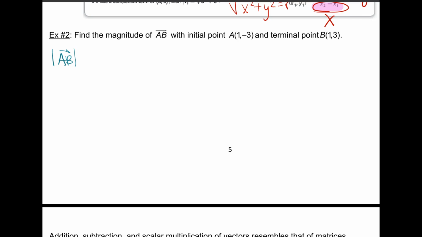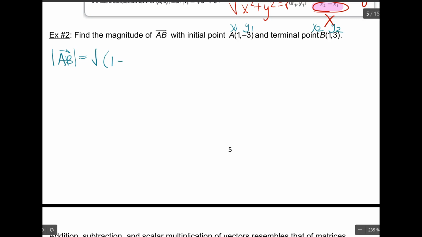Alright, the absolute value, aka the magnitude of the vector AB, is going to equal the square root of x2 minus x1. So notice these are still the same numbers as last time.